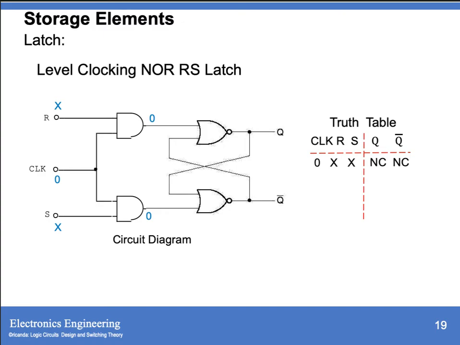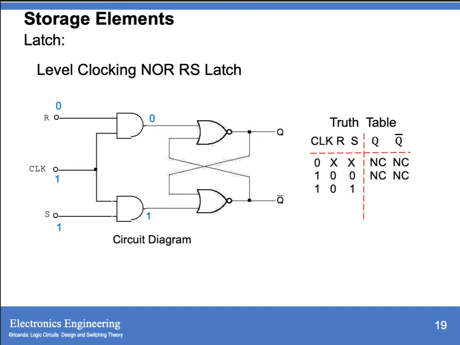Then for your clock equal to 1, and both inputs R and S are 0, then the AND gate outputs are also 0. So we have no change. Then if your S is equal to 1, we have an output of your second AND gate equal to 1.